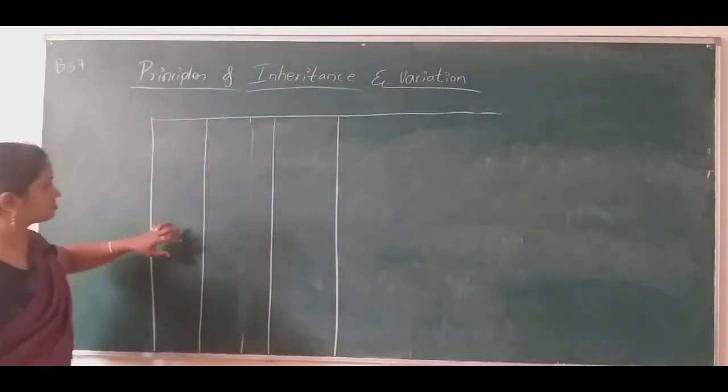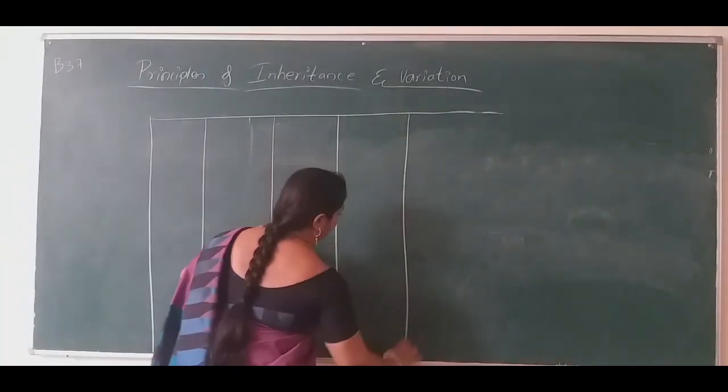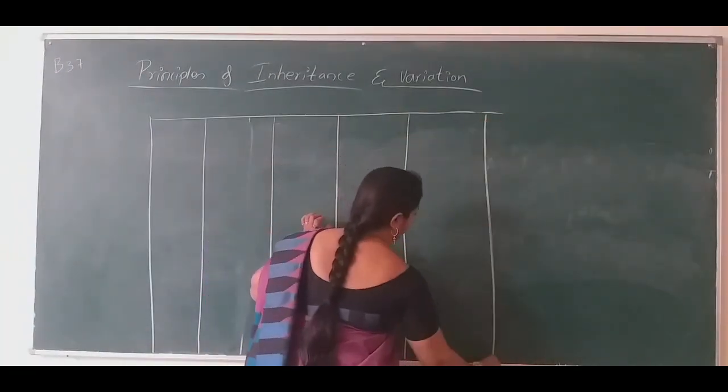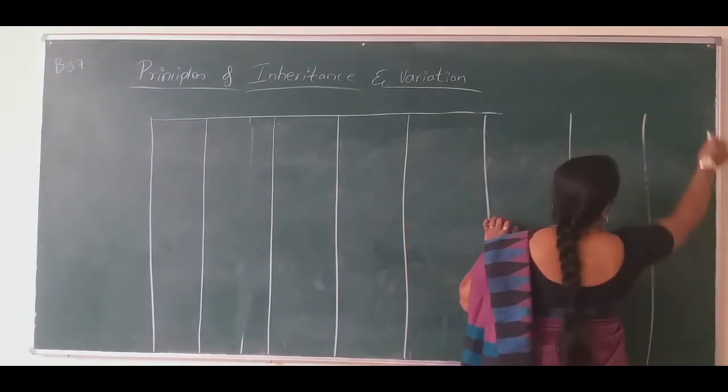So count it, count the boxes, count the columns. 1, 2, 3, 4, 5, 6, 7 and 8.